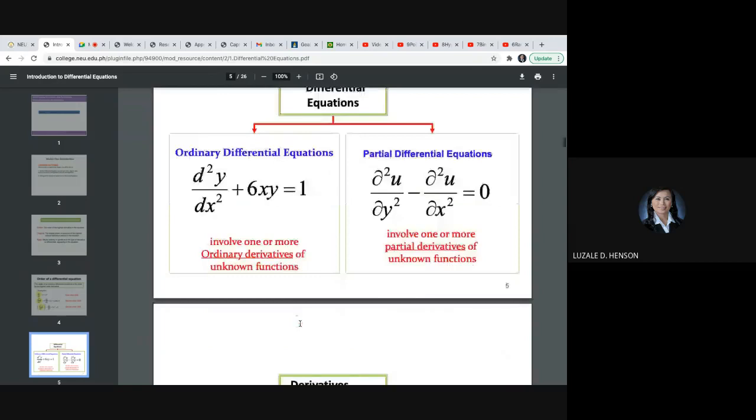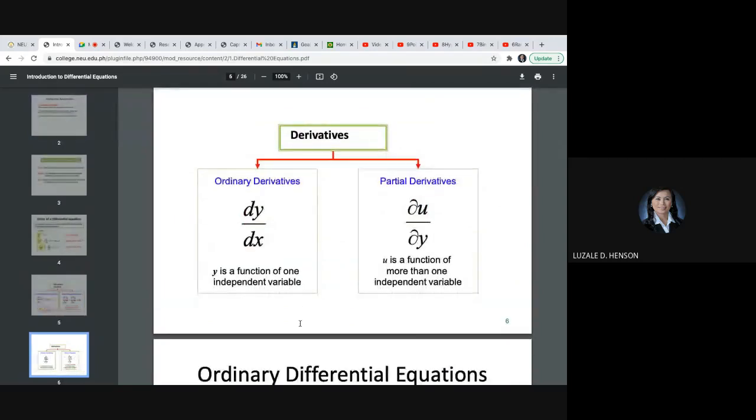And you have ordinary derivatives. y is a function of one independent variable. So as you can see, when you have an ODE, you have one dependent variable. On the upper part of the fraction is the dependent variable. x is the independent. You could also write this as y prime.